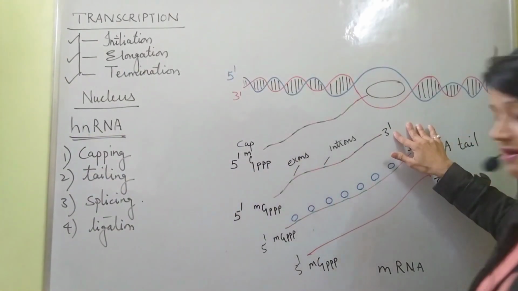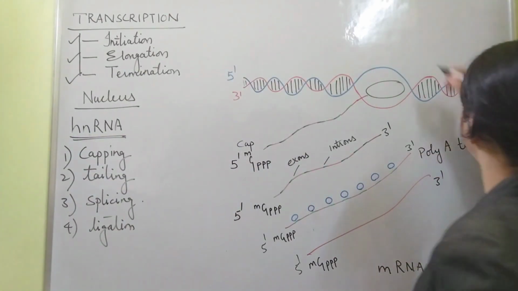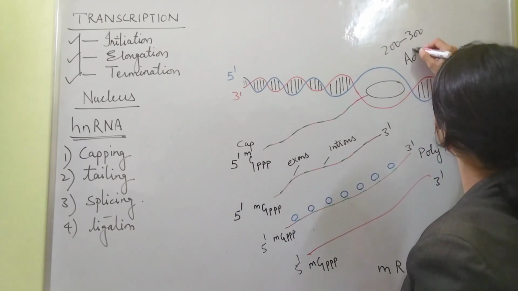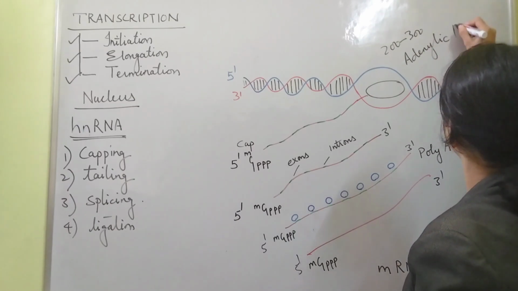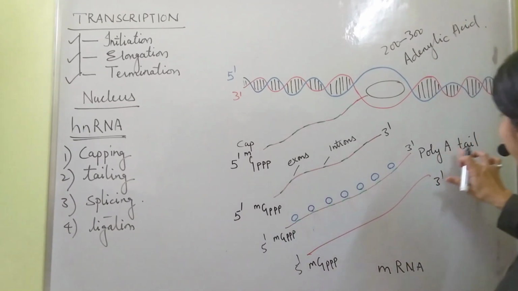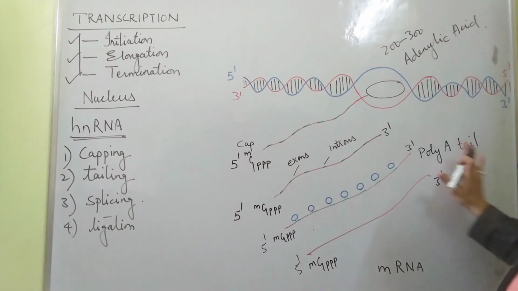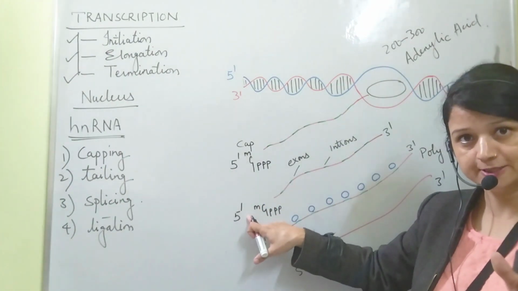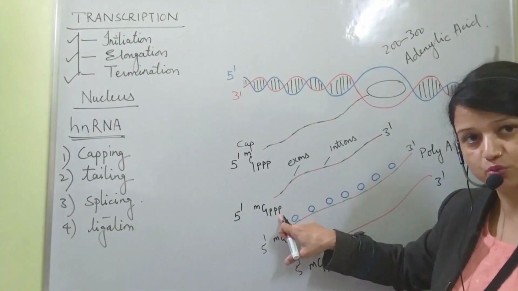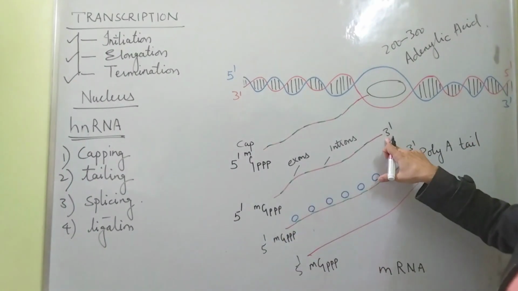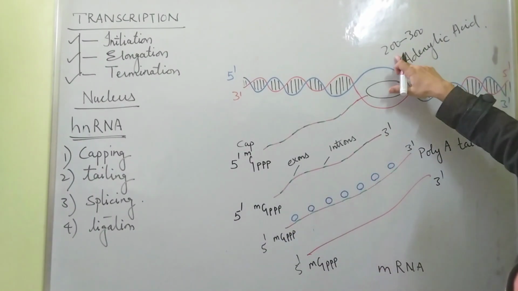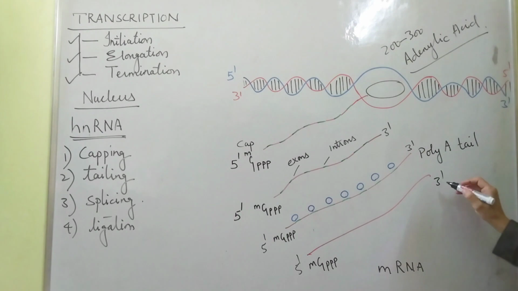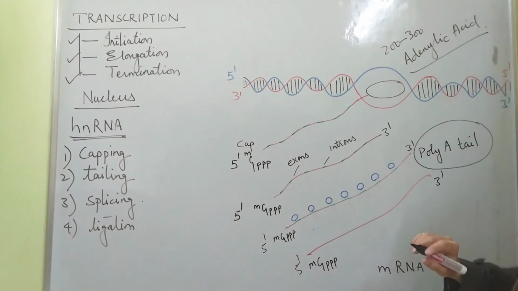Similarly, at the 3' end, we add 200 to 300 nucleotides of adenylate acid, and it is known as the poly A tail. So we have done capping and tailing.